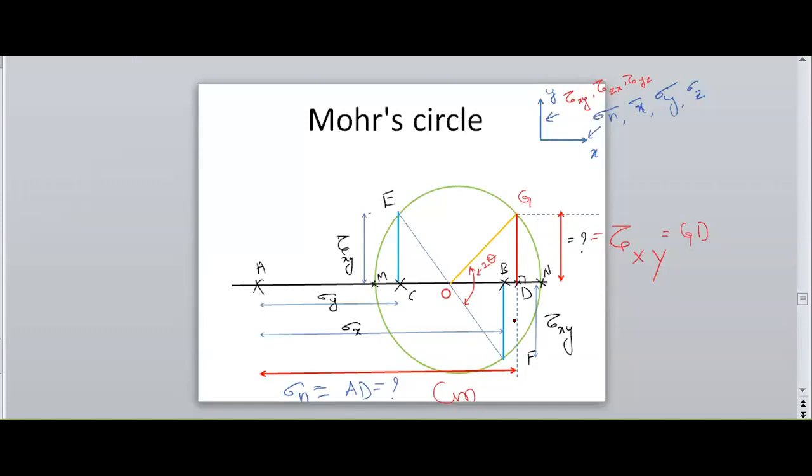If I measure the distance between G and D, it gives the shear stress on the oblique plane, in centimeters.